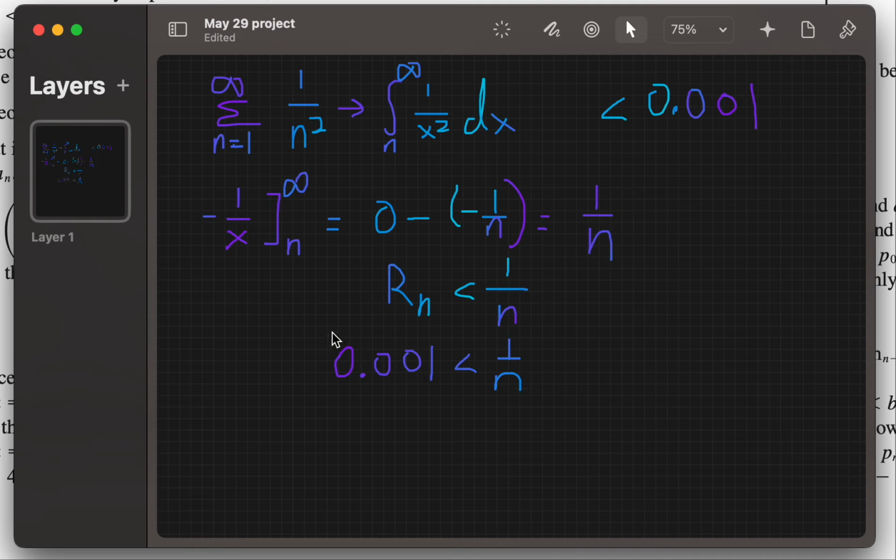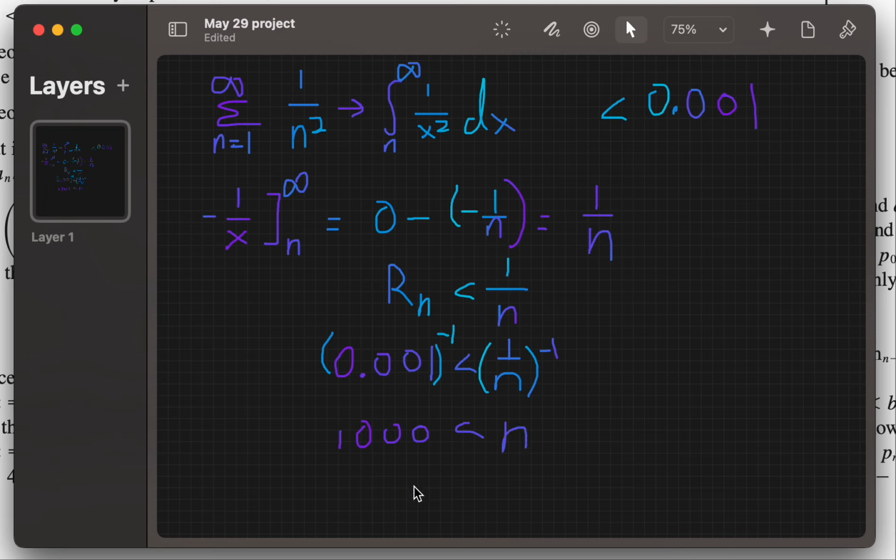You can raise both sides to the power of negative 1, and 1 divided by 0.001 is 1,000, and 1 divided by 1 over n is just n.